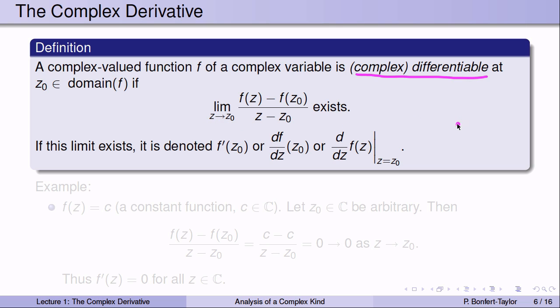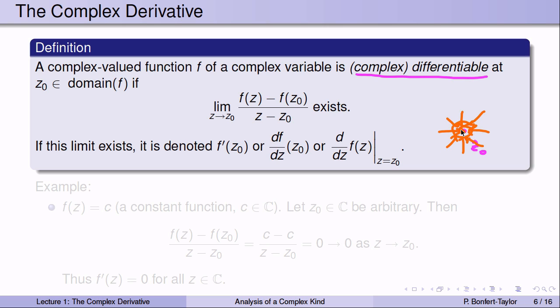Now notice though, if you pick a point z0 in the complex plane, there are lots of ways of approaching that point. It's not just along the real axis like we had to look at in the real valued case. You could also come in the complex direction from the imaginary axis. You could come at a 45-degree angle, or you could even approach in spirals.